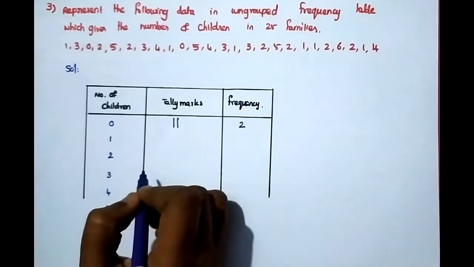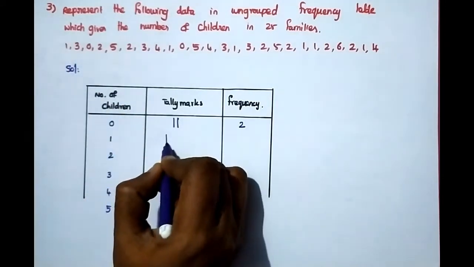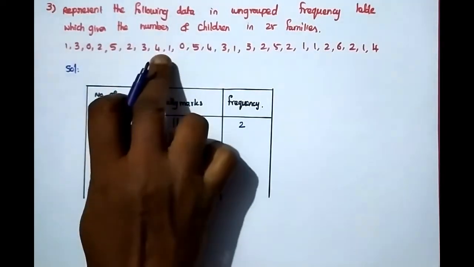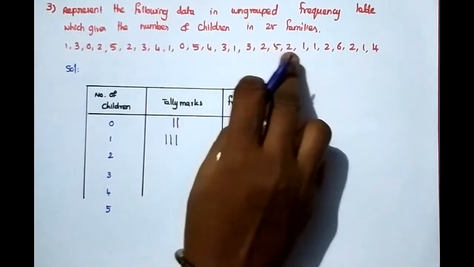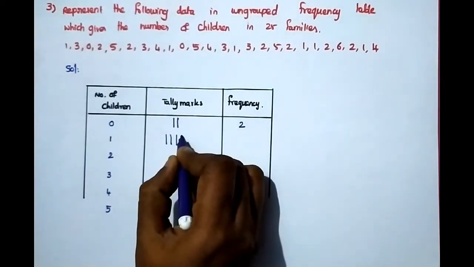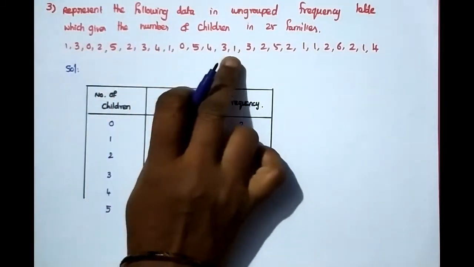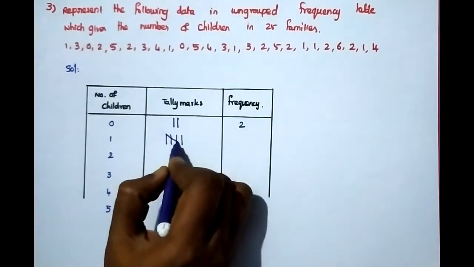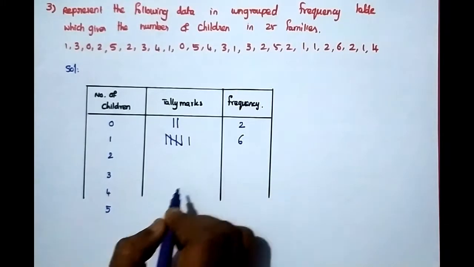So frequency is 2, and then 1, 1, and then here 1, and then here 1, next one here 1, 2, 3, 4, and 5, fifth one, and then 1. So 6 ones are there.